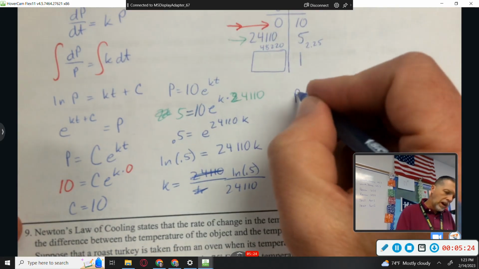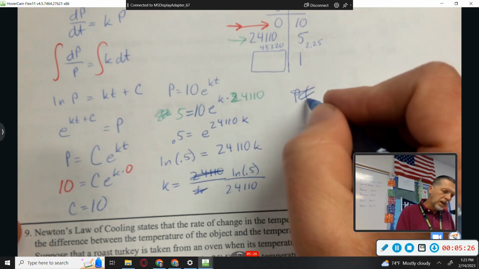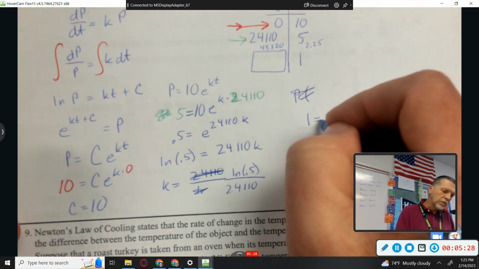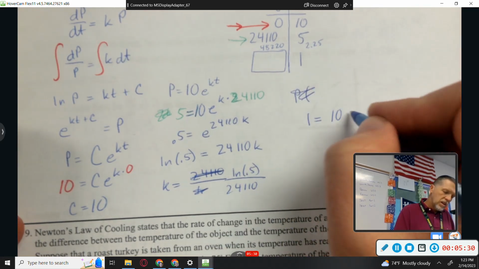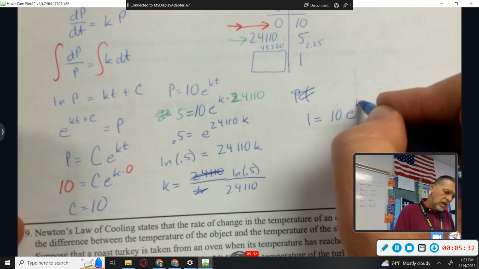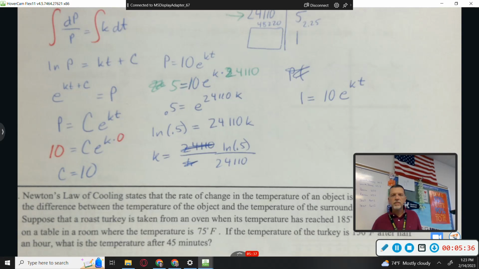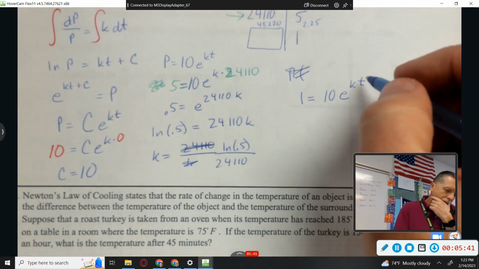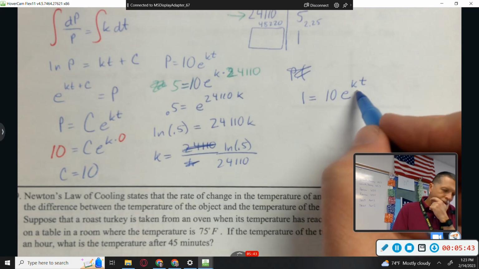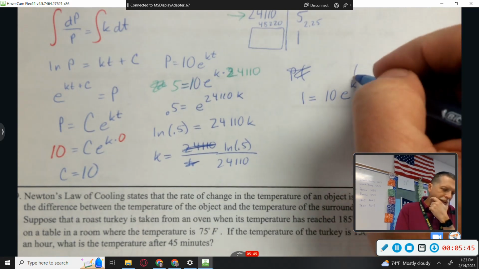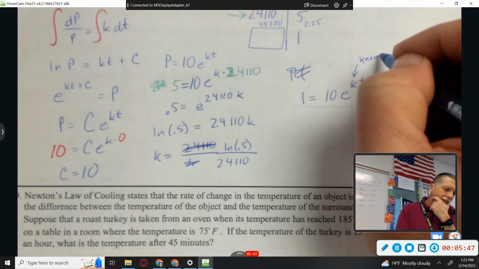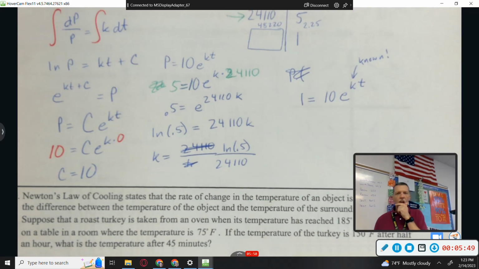So we're not looking for P, we know P is 1, we're looking for time. We haven't done one quite like this today anyway. It looks like two variables, but it's not really two variables because I know what K is.